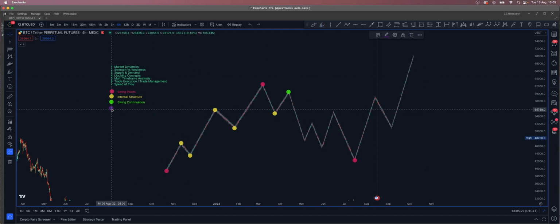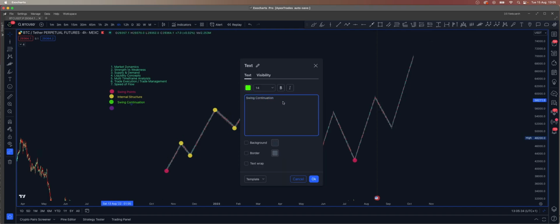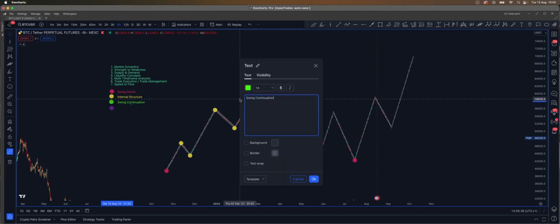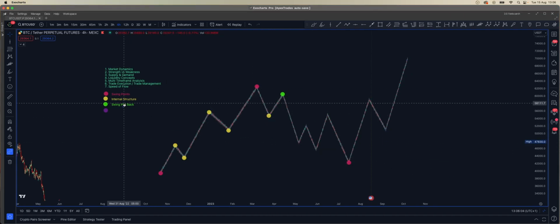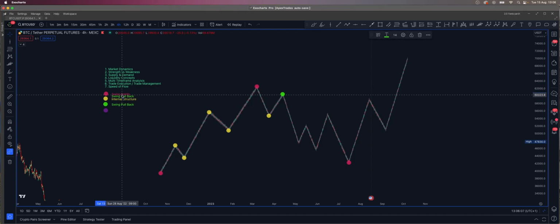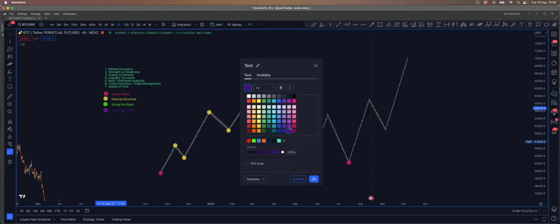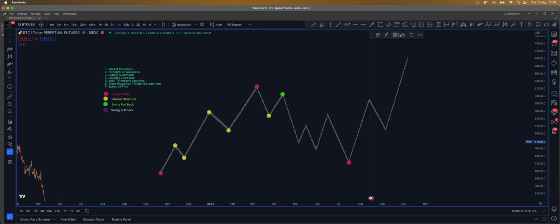Oh, this is getting fun. Let's call this swing pullback, okay? And then let's copy the text here, bring that text down to here. Let's make it white so it's nice and clear, right?